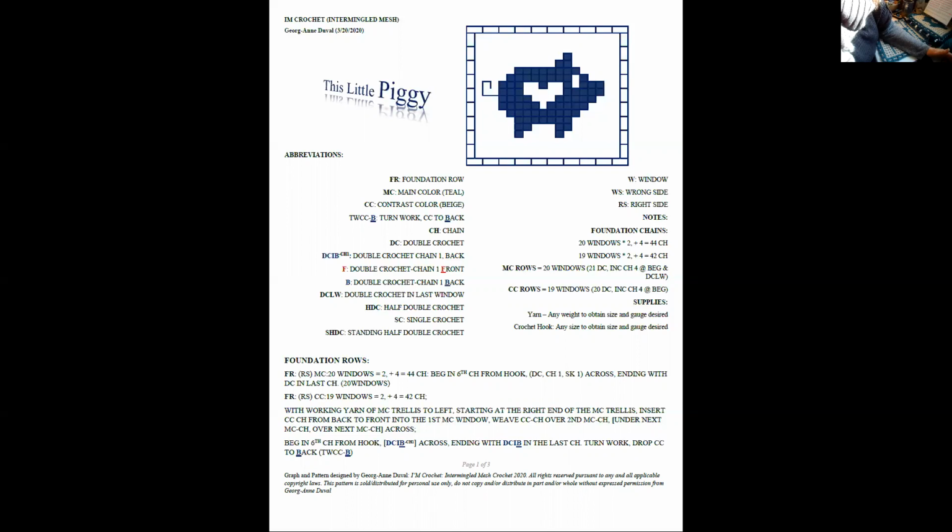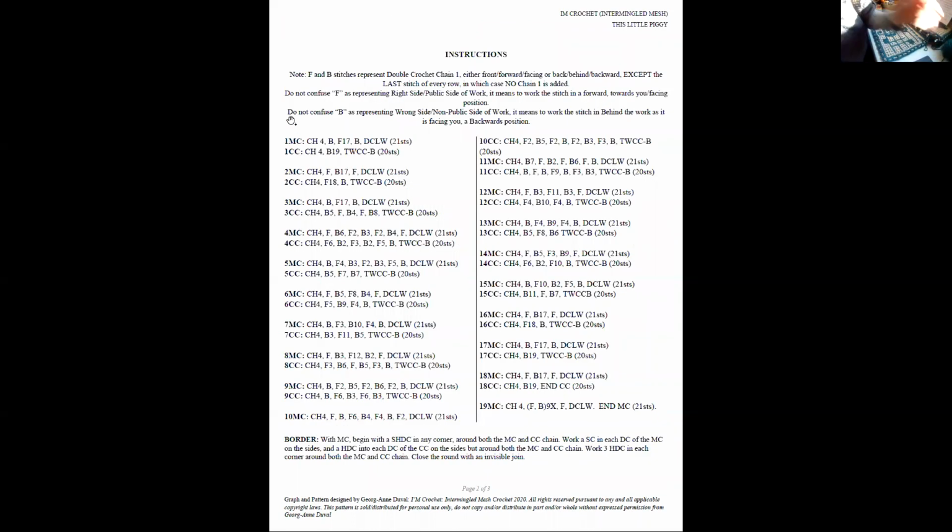That's page 1. It gives you all of your abbreviations, the foundation rows, and so on. The second page of the pattern is where the instructions for crocheting the block are, and then at the bottom here you can see that's the border pattern for the pattern.